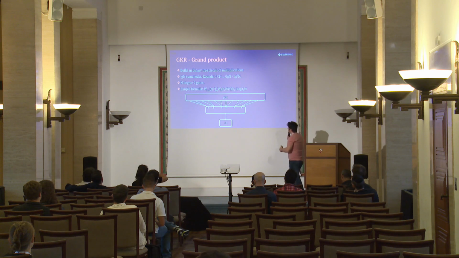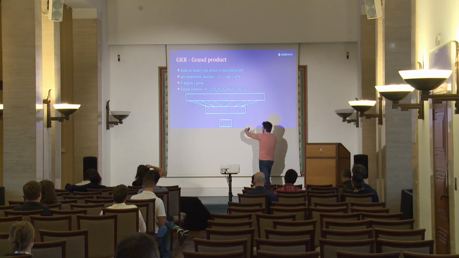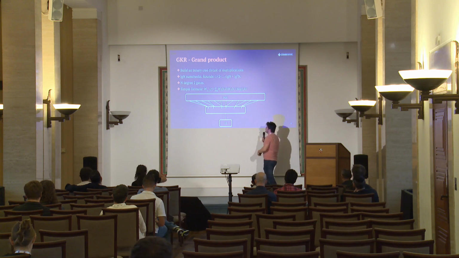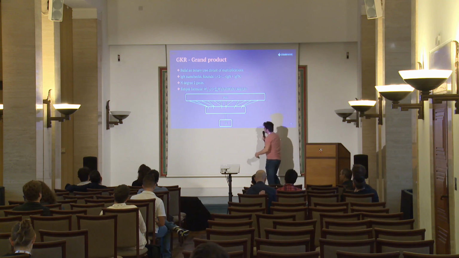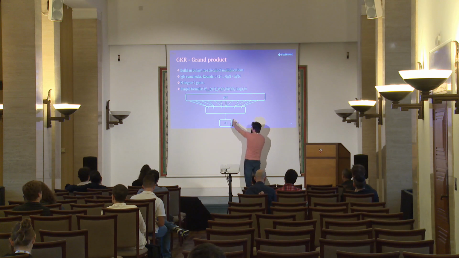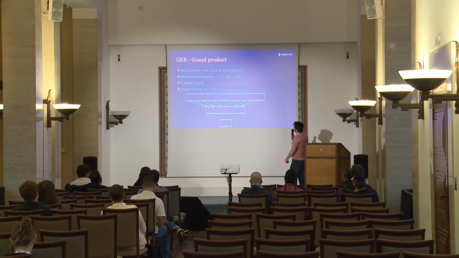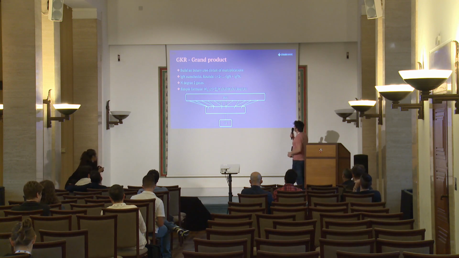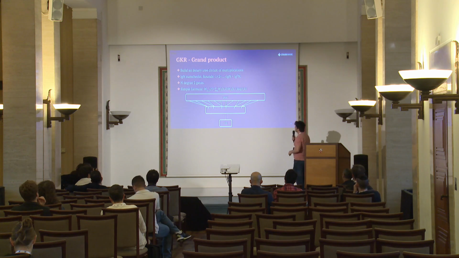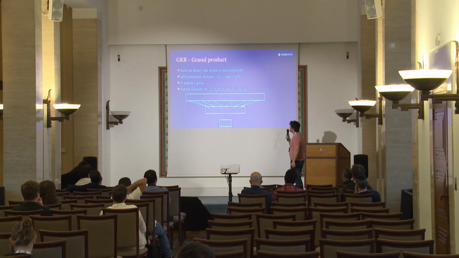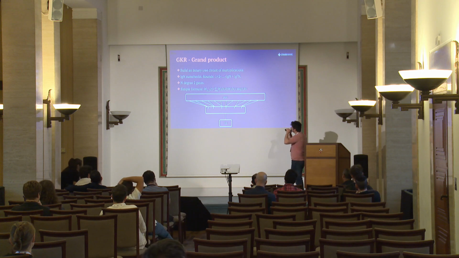For every reduction from a layer to the previous layer, I need to do a sum check. The size of the sum check here is 1, 2, 3, 4, 5, until I get to the very first layer, which is log n. So the total number of rounds is 1 plus 2 plus and so on, plus log n, which is log squared n. So this is the number of rounds we have for the GKR. The degrees are degree 2.